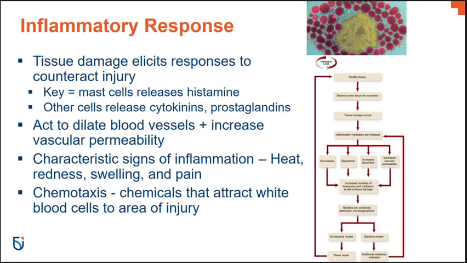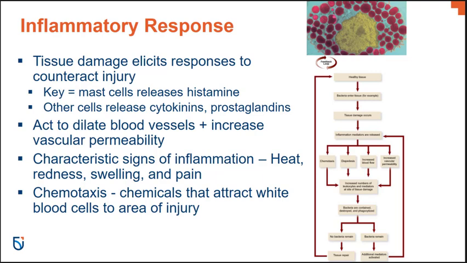So, for example, bacteria can cause tissue damage that will then in turn trigger the release of various inflammatory mediators from cells such as mast cells, which are found in connective tissue throughout the body. Inflammatory mediators that are released from these mast cells include histamine. Other cells release cytokinins and prostaglandins.